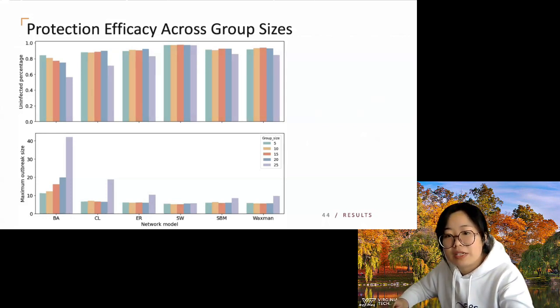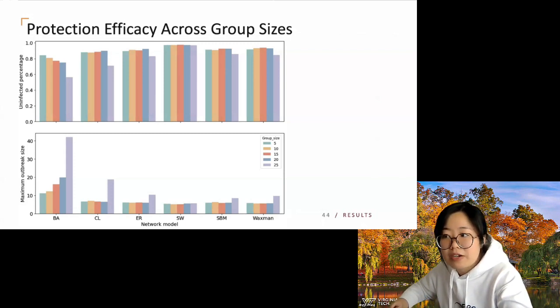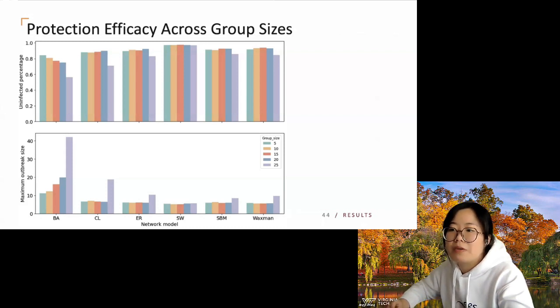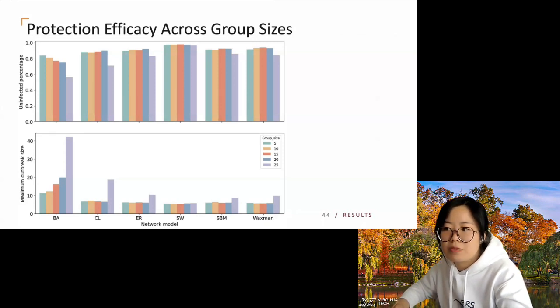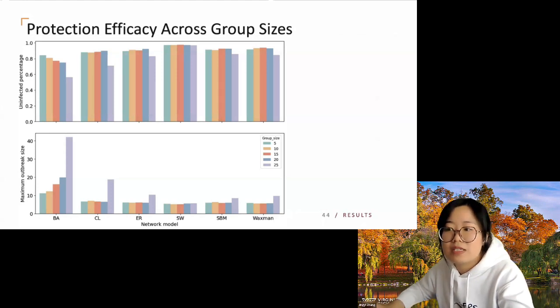When the group size is 20, colored in blue, AGT performs better on some network generation models such as the Chodo model, ER model, and SBM, which allow maximum protection of the susceptible population but require fewer tests. For the small world and the maximum network models, a group size of 15, colored in red, results in the lowest number of infections and the smallest outbreak size.